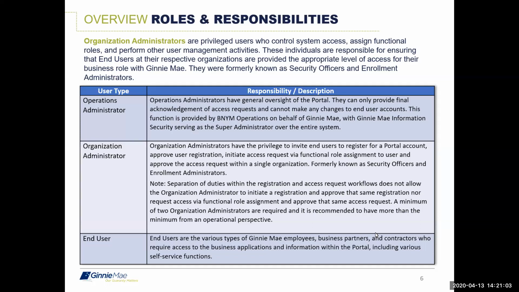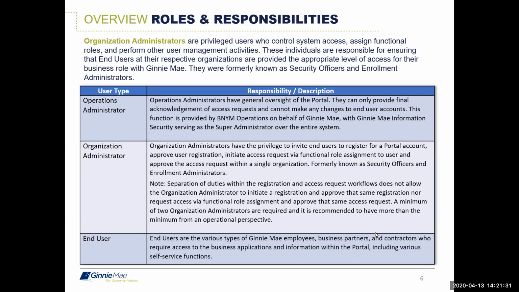I do recommend that each organization has a minimum of 3 or more organization administrators set up to manage account access. Because again, this gets into your roles and your responsibilities. Our operations administrator at the top of this chart, those are the folks at the Bank of New York Mellon on behalf of Ginnie Mae who have ultimate oversight of our portal.